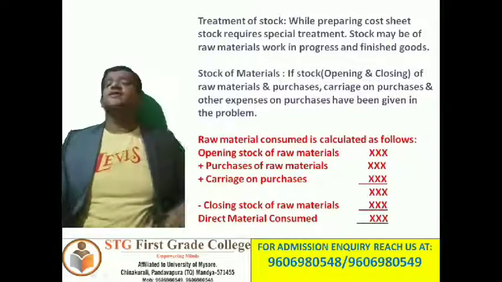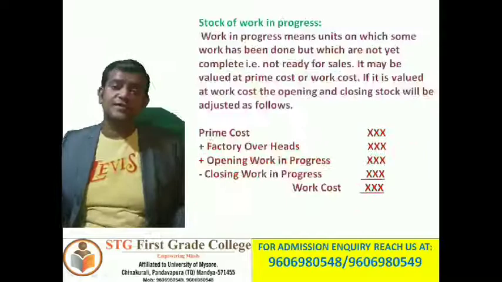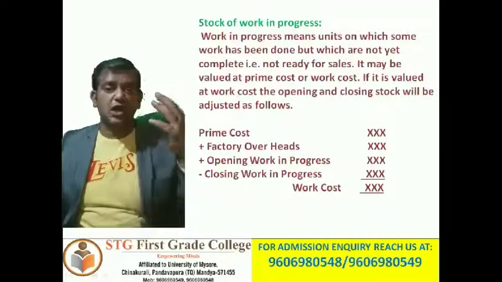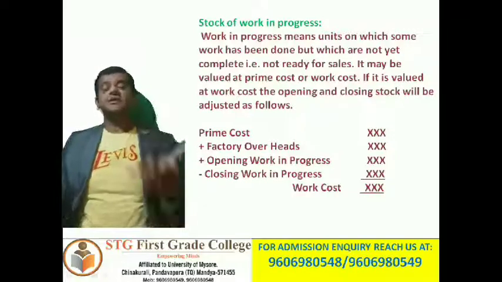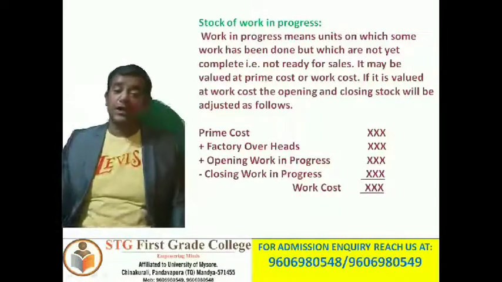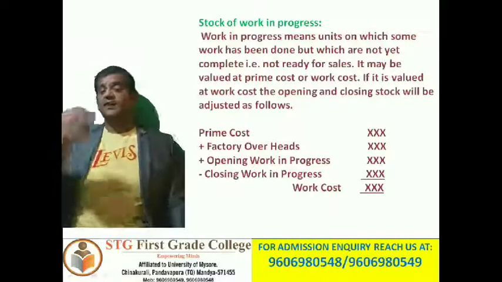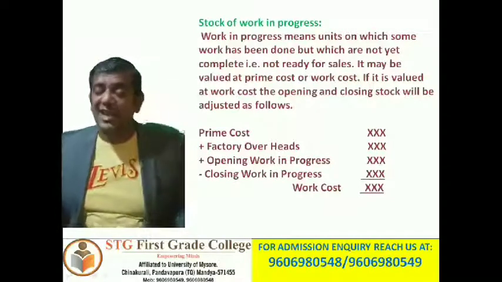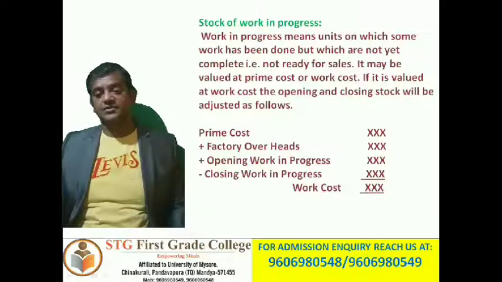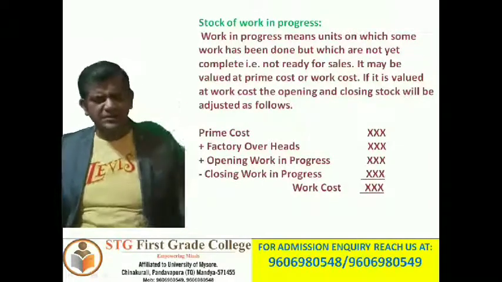So next is a stock of work in progress. As I said, the stock which is neither a finished stock nor a raw material, which is in the form in progress, that is what we call a stock of work in progress. Let us learn how to calculate stock of work in progress. Okay, so let us understand the meaning.